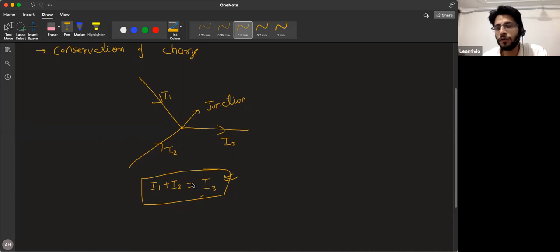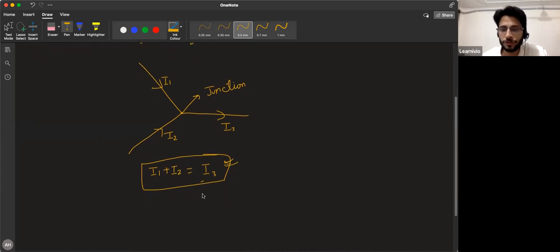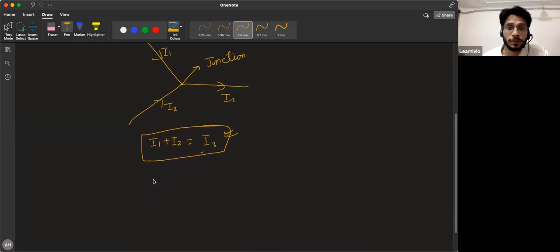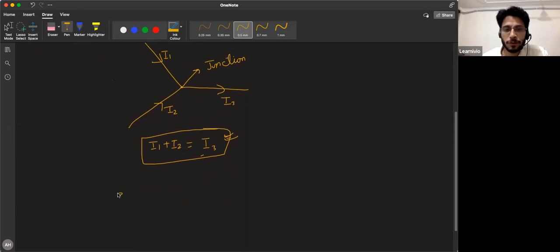So entering current is I1 plus I2, leaving current is I3. So entering current would be equal to leaving current. This is I1 plus I2 equals I3. Let's take one example, or you can write this thing in one more way.